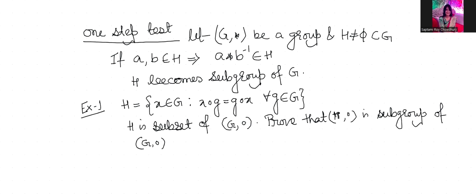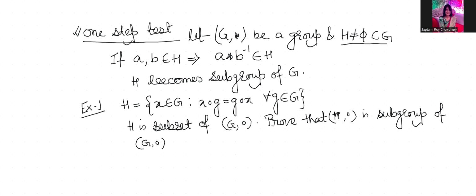Now, how will we proceed? Remember, the one step test is very, very important to show this type of problem. So first we have to check that this is non-empty. Now, just think about any one element which commutes with every element of G. Please think for 5 seconds. 1, 2, 3, 4, 5.